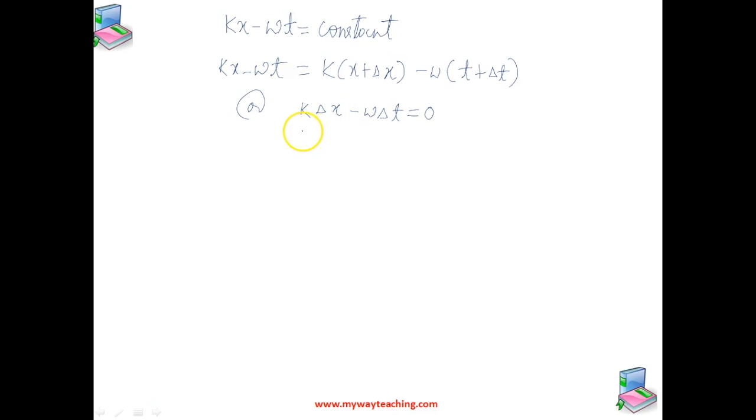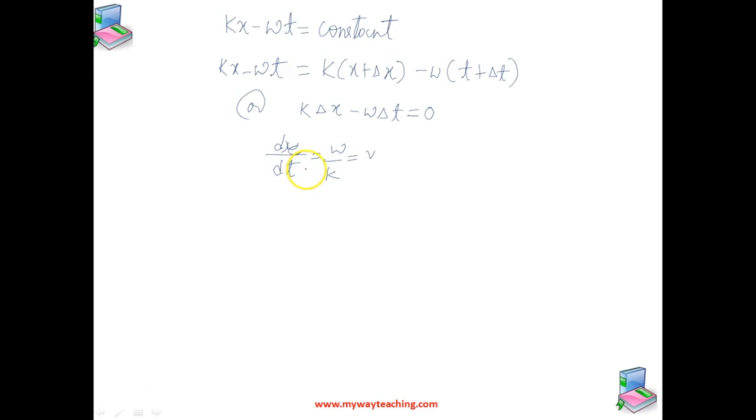Taking delta x and delta t vanishingly small, this gives dx by dt is equal to w by k.